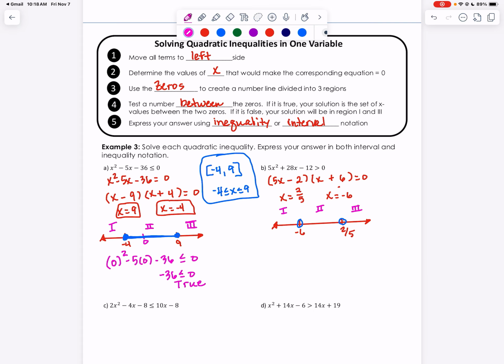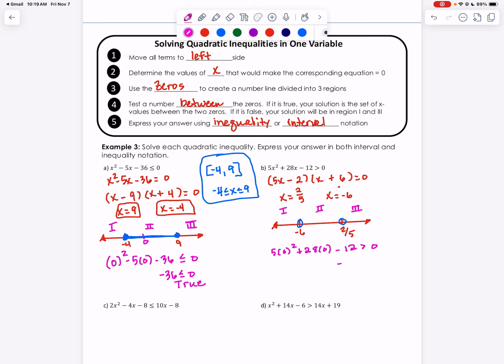All right? So, again, step 4, test a number between the zeros. So again, I'm going to test x equals 0. Okay, so 5 times 0 squared plus 28 times 0 minus 12 is greater than 0. So 5 times 0 squared is 0, 28 times 0 is 0.